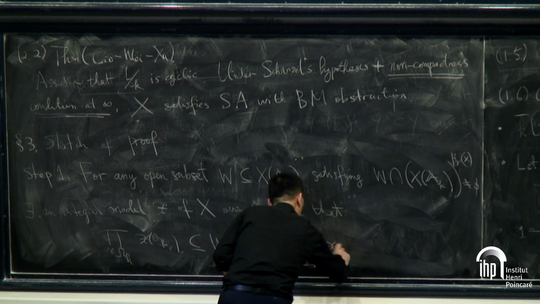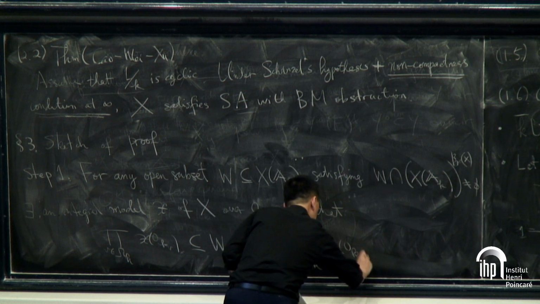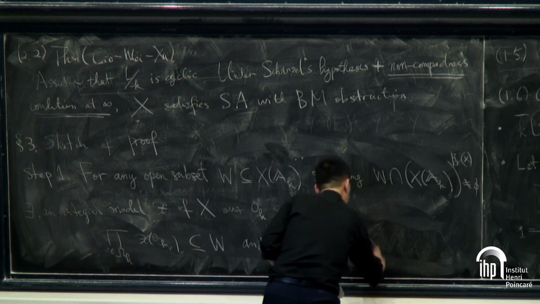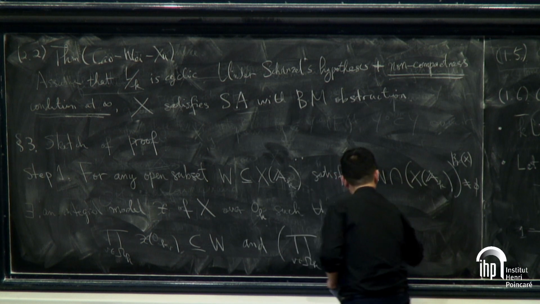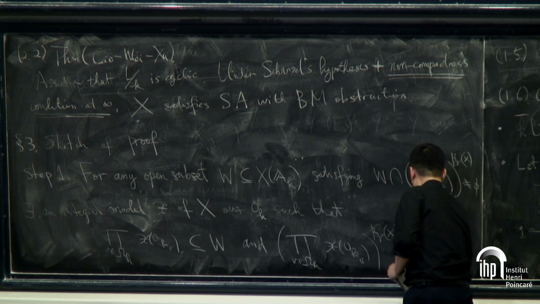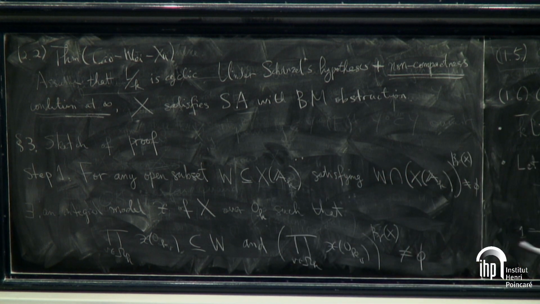The local integral points of this integral model, if we consider the Brauer-Manin set, are non-empty. Well, this is straightforward to verify. So if I wish to prove strong approximation, I only need to prove this model has integral points.